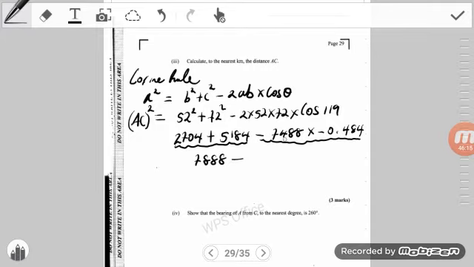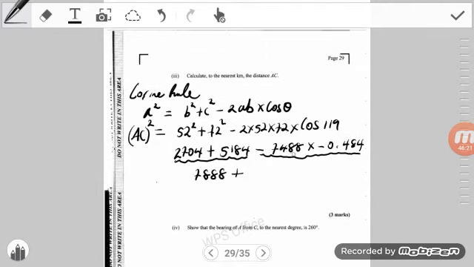However, there's a negative here and there's a negative here, so this will become positive. Please be aware of that. So we're going to have 7,488 multiplied by 0.484. That should give us an answer of 3,624.19. Don't forget to write AC squared coming all the way down here. So AC squared.